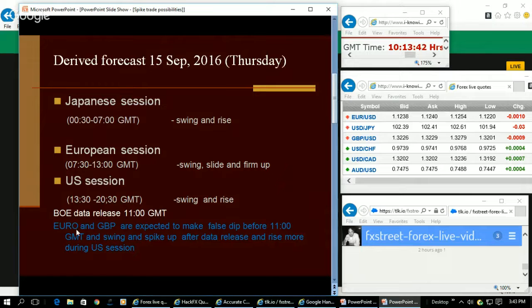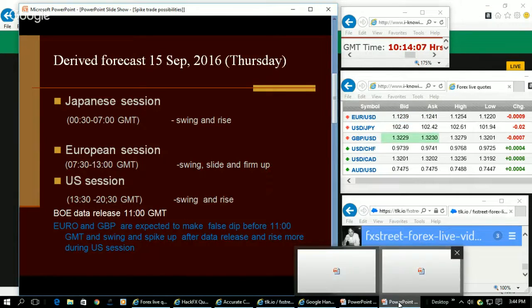Afterwards, they are expected to make the swing and rise move during the US session. The expected move is that Euro and GBP make a false dip before 11 GMT and then swing and spike up after the data release and continue to rise during the US session. So this is what the forecast says.